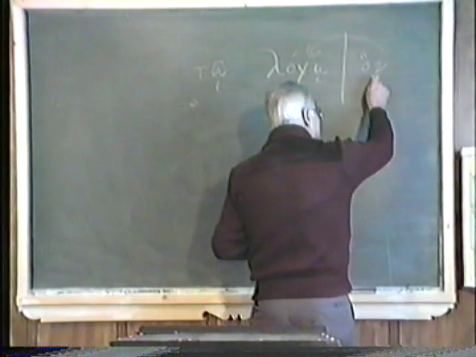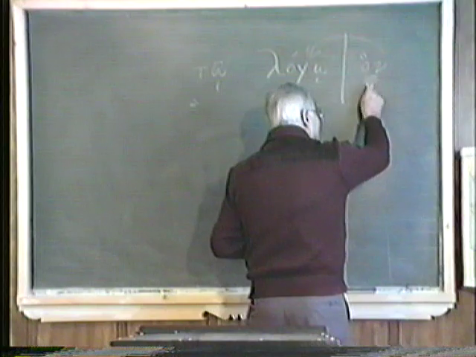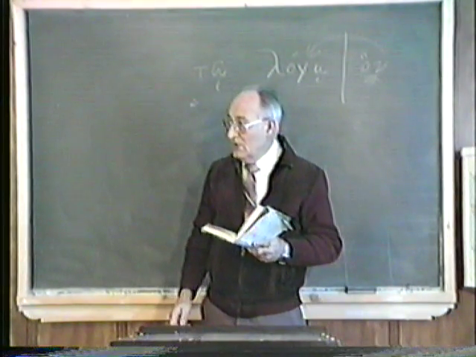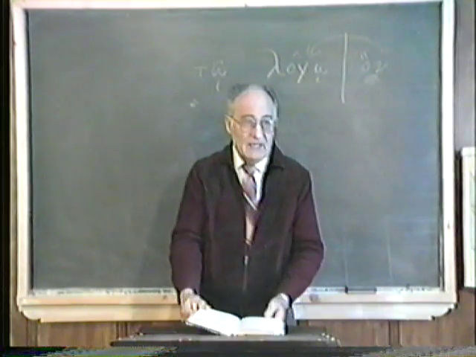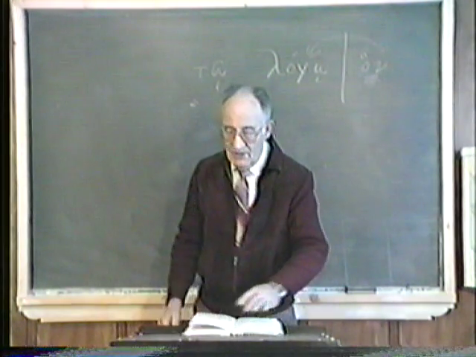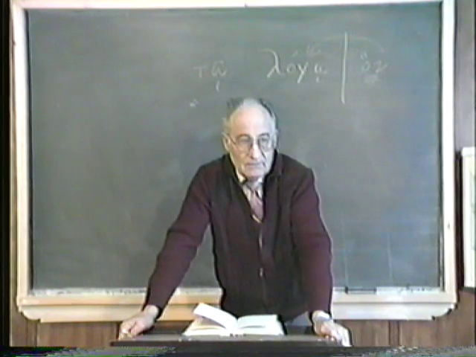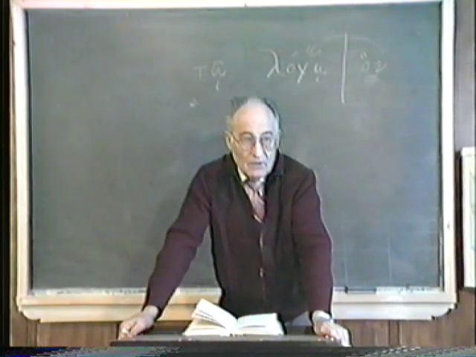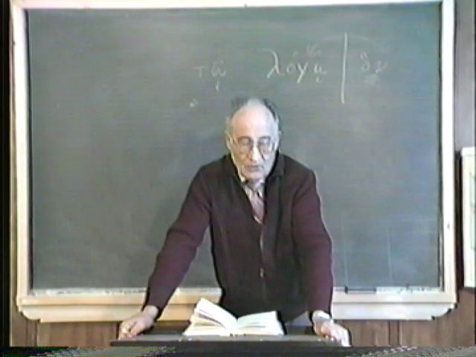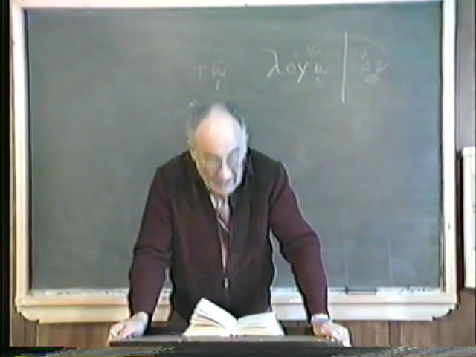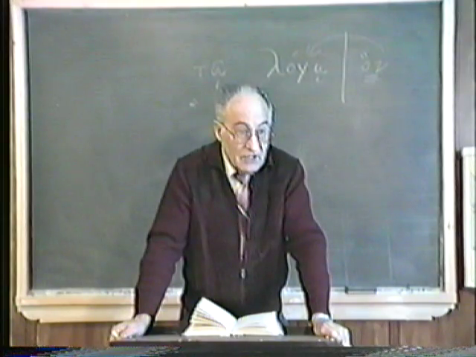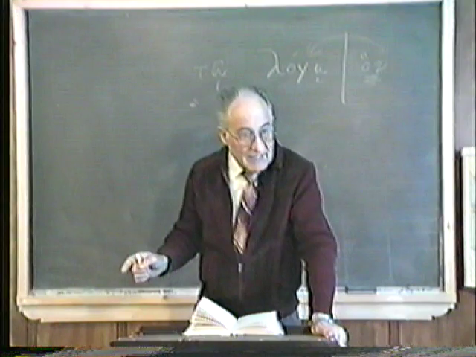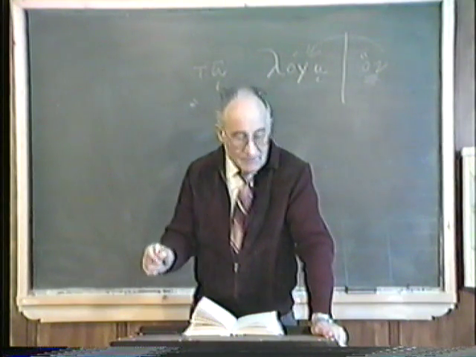So, it takes its case by virtue of its use in its own clause. Okay, what is that case? Accusative. Why is it accusative? Because it's the object of elalesen. No, not the object of logon, but the object of elalesen. Jesus spoke which to him. See that? Just turn it around there.